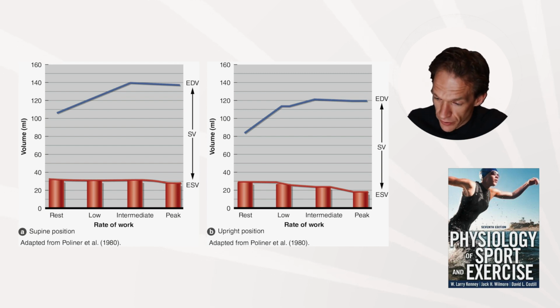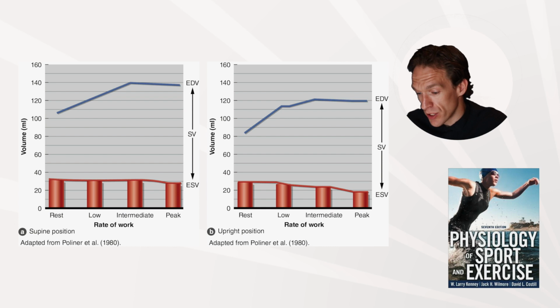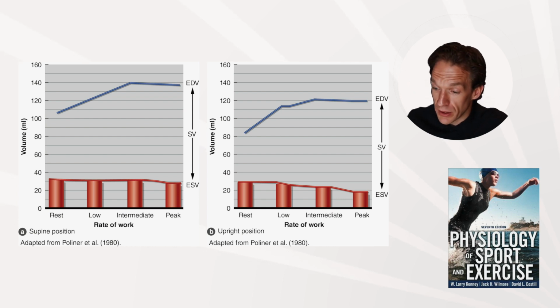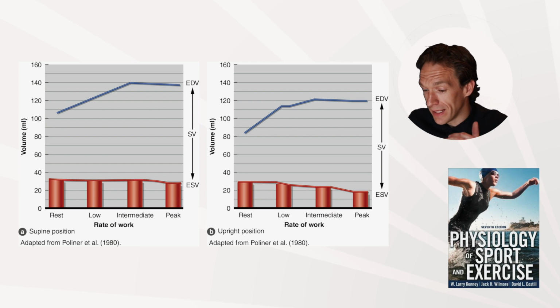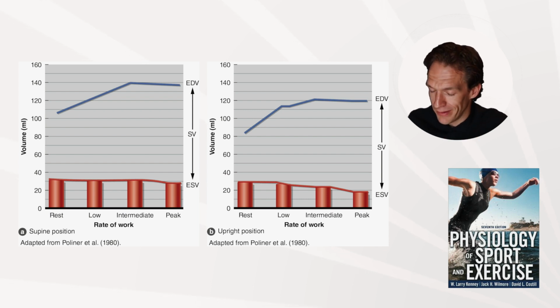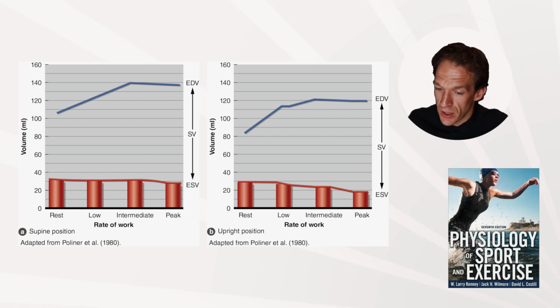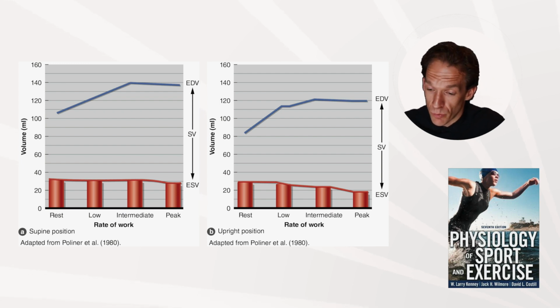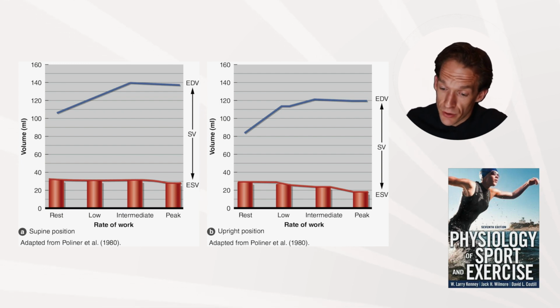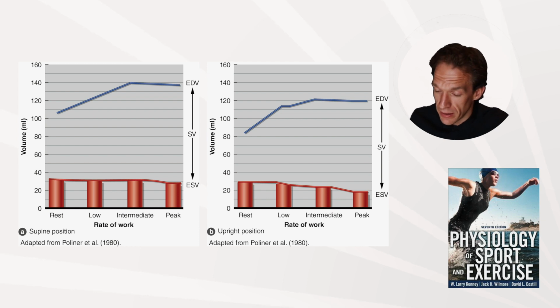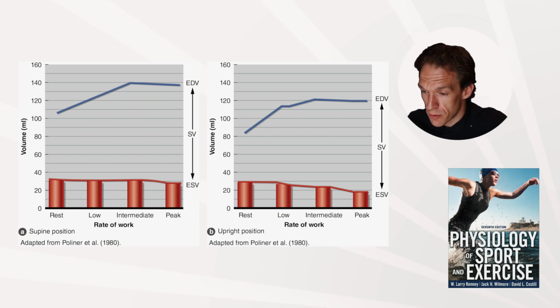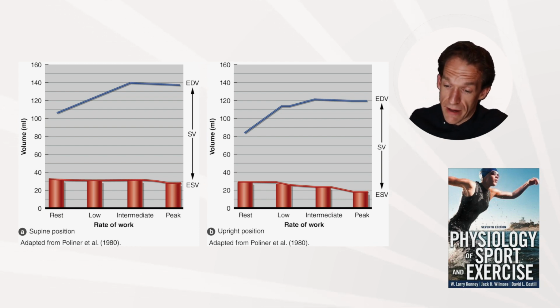So end systolic volume as well as end diastolic volume are a little bit lower for people that are measured upright, while in supine positions the difference between end systolic volume and end diastolic volume, being stroke volume, is bigger. So keep that in mind if you measure someone's resting heart rate, for instance, because if you would measure this in supine or upright, you can already expect a difference simply because of gravity.